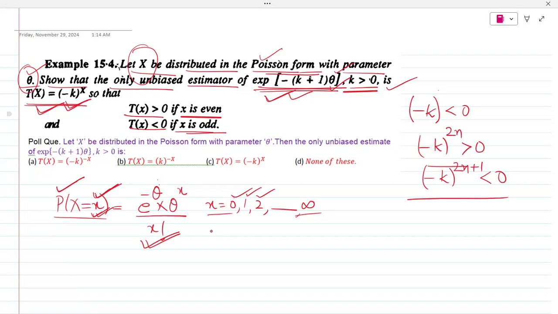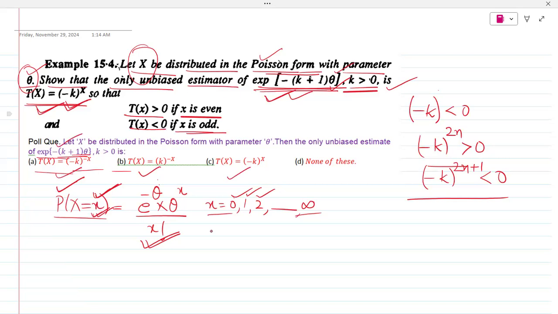Suppose I try to convert this question into an MCQ so that we can have a better understanding. Once again, we have to check, for this parameter, which of the following is an unbiased estimator?